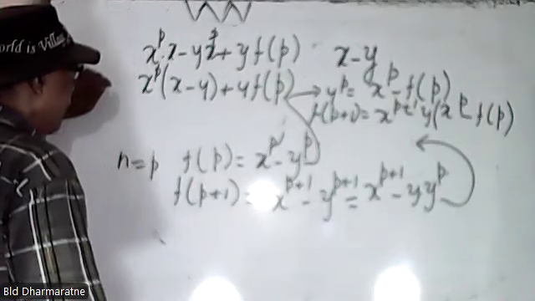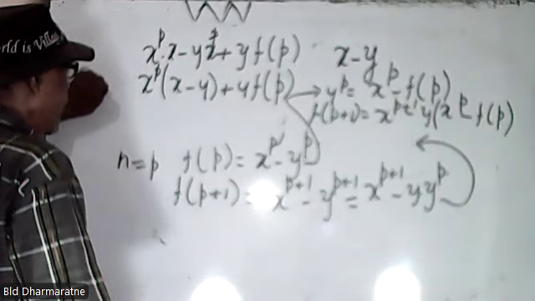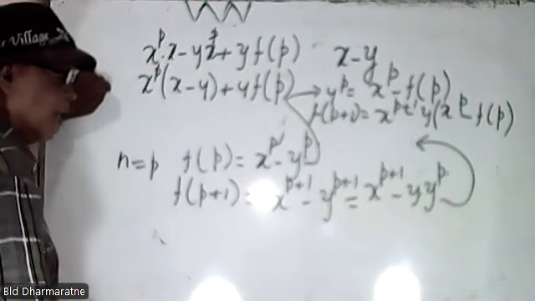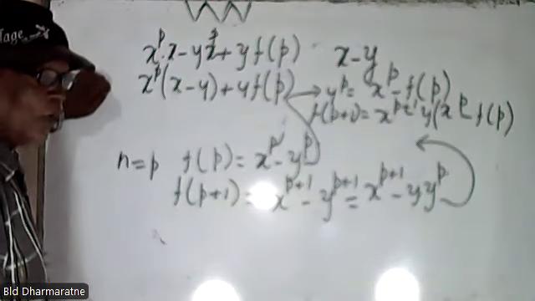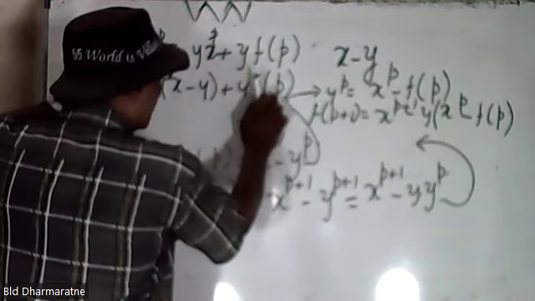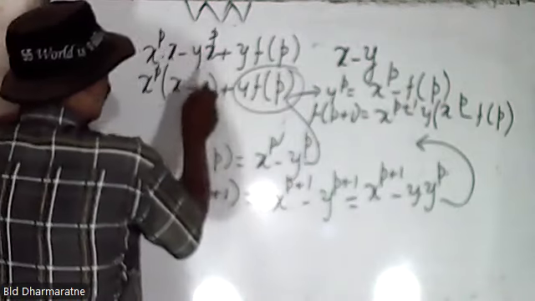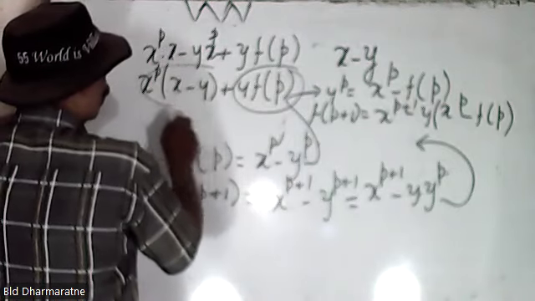We assumed that when n equals p, Fp has the factor x minus y, so this is divisible by x minus y, and the other term is also divisible by x minus y.